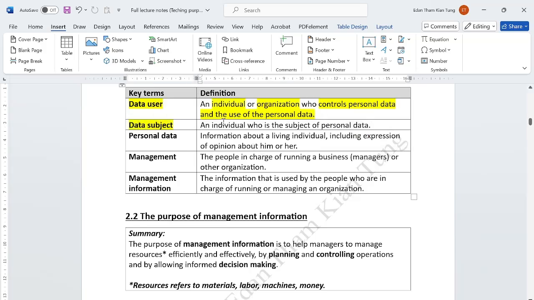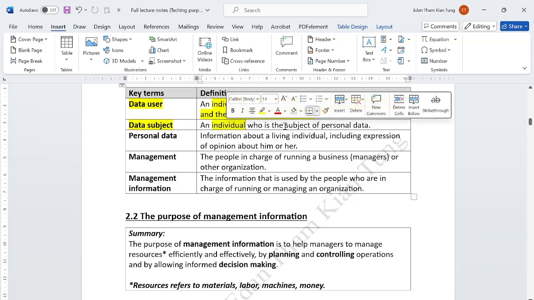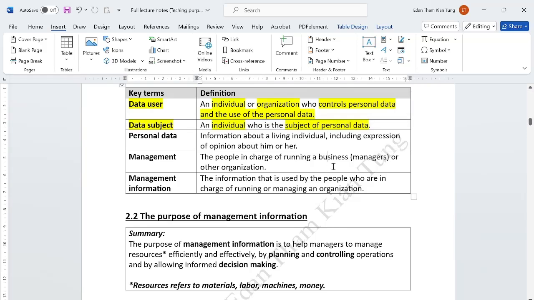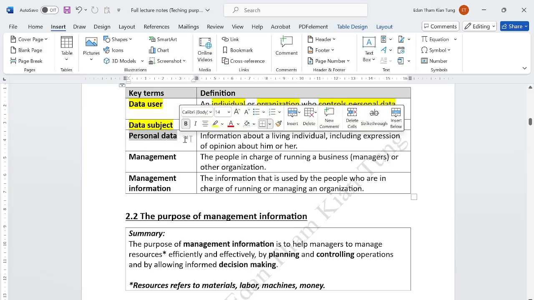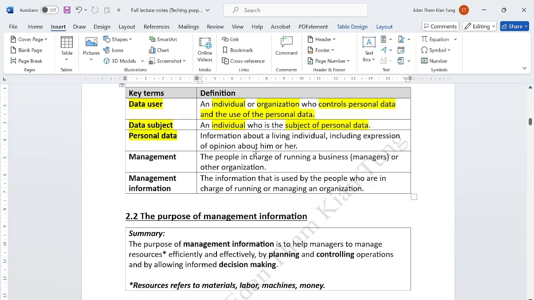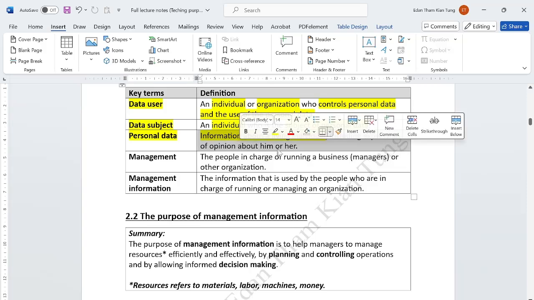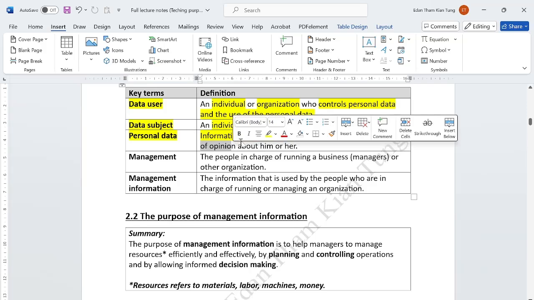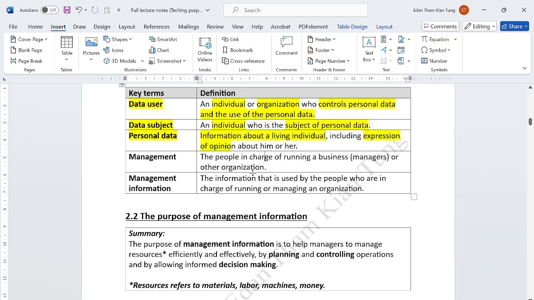Data subject is an individual who is the subject of personal data. Third one, personal data. What is personal data? Personal data is information about a living individual, including expression of opinion about him or her. Can understand what is data user, data subject, as well as personal data?